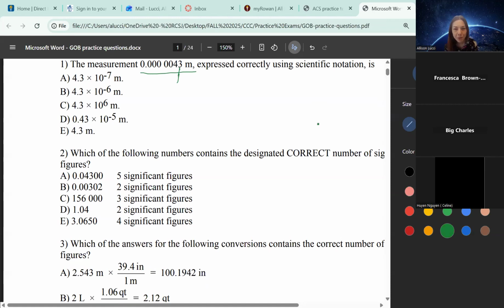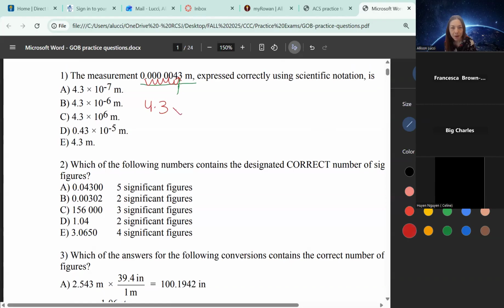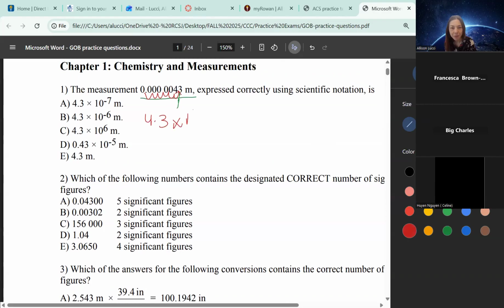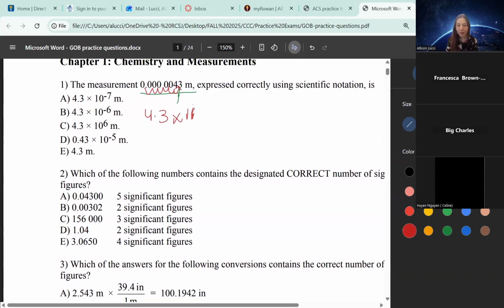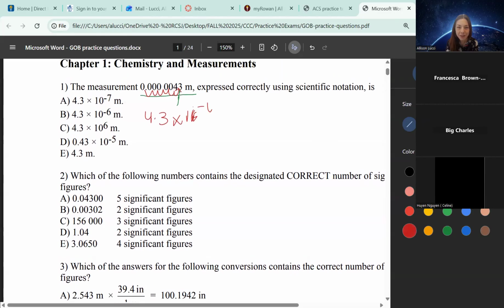So I have to move my decimal place from in front of the zeros to behind that 4. So I have to move it 1, 2, 3, 4, 5, 6 hops until I get 4.3 if I rewrote my coefficient here. And then because we did 6 moves to the right, we're going to have 10 to the negative 6.